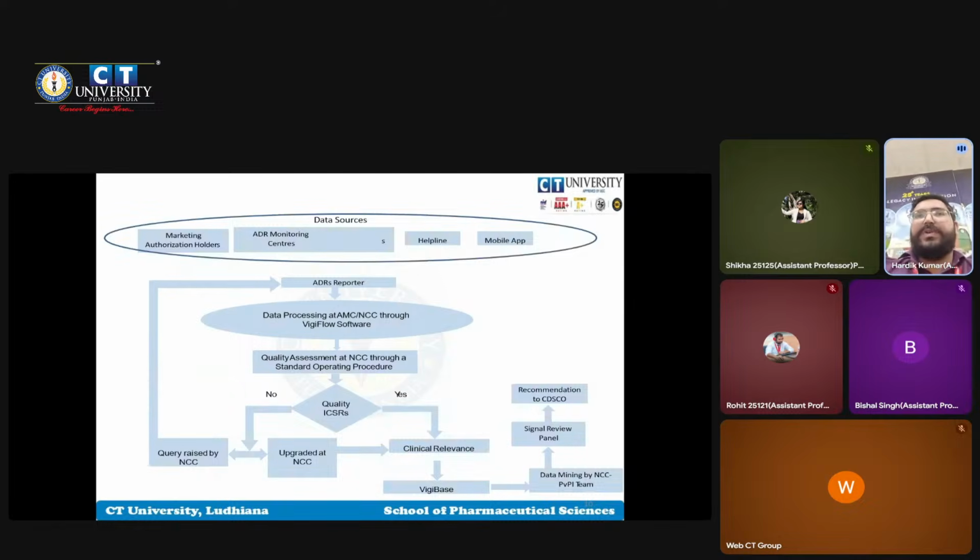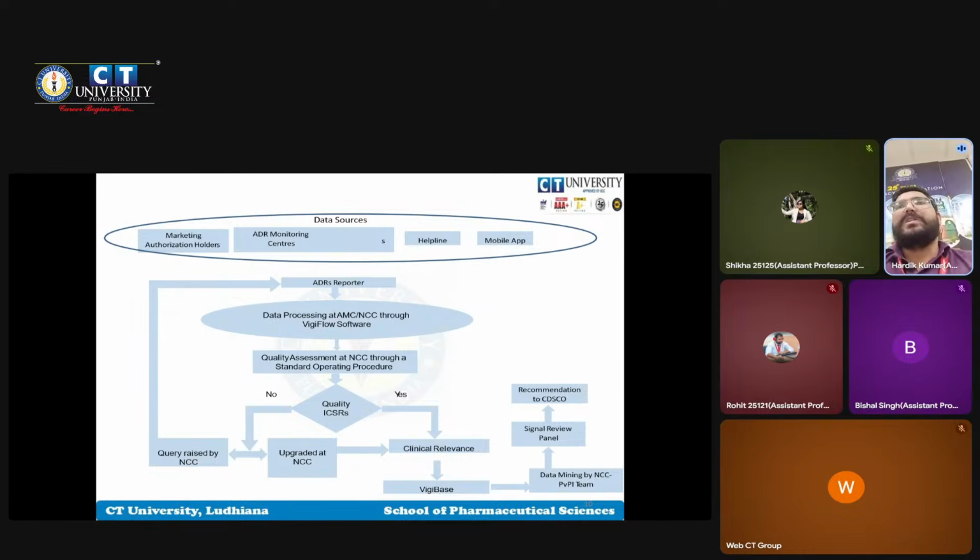In which we can see the procedure of the vigilance base. From marketing surveys, ADR monitoring centers, helpline number, mobile app, the ADR is reported, then it is processed by the NCC through the VigiFlow software.